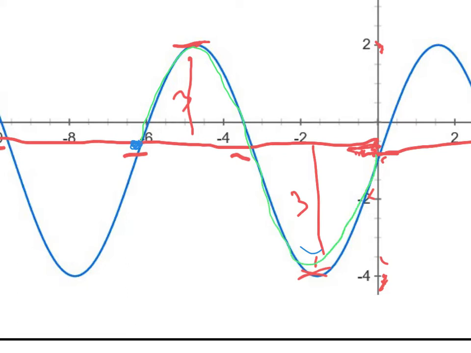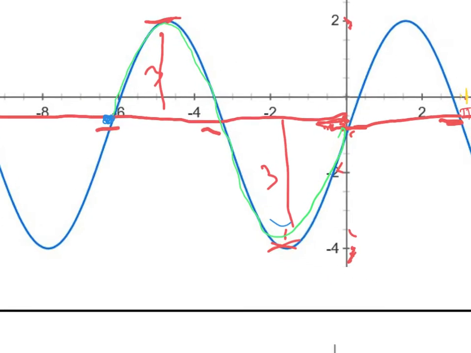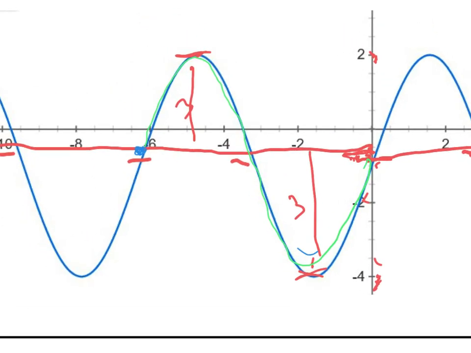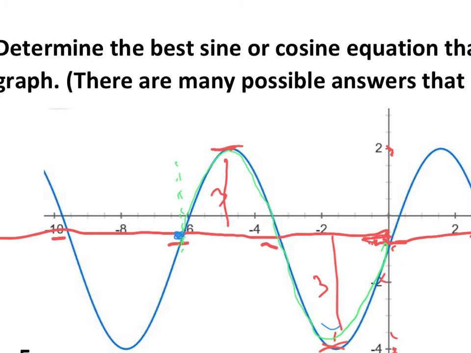And it ends here. So what I'm going to do is say that my phase shift is slightly left of a -6. Please humor me and let me say that my phase shift is a -2 pi.